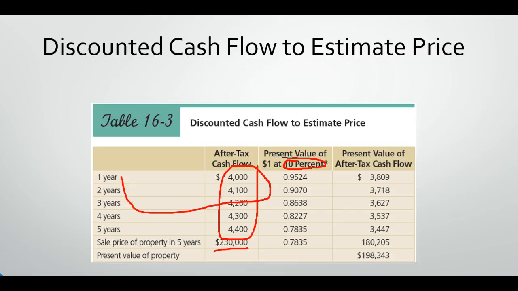We want 10%. And so what we're going to do is multiply, if you will remember, the cash flow times the interest factor to get to the discounted after-tax cash flow.